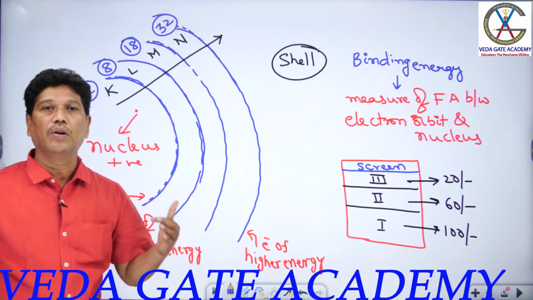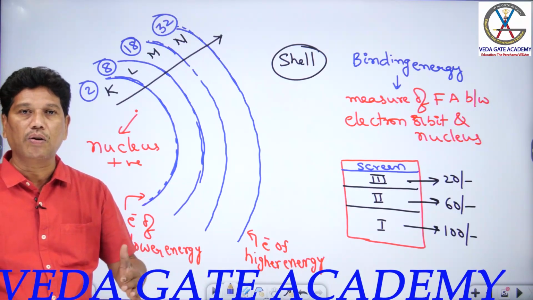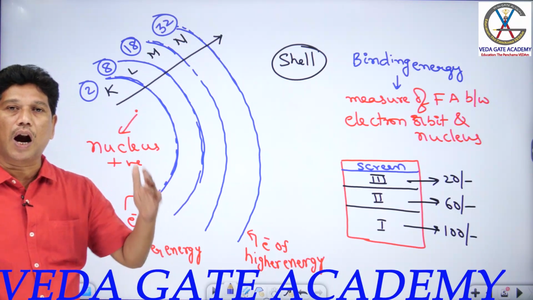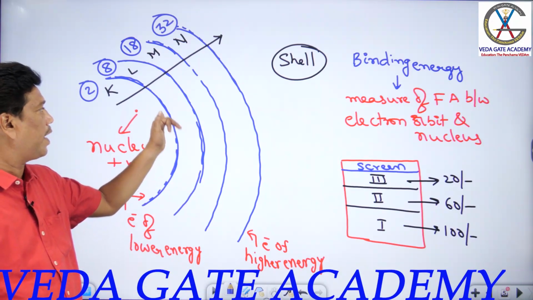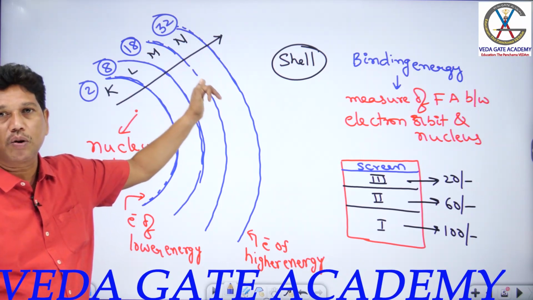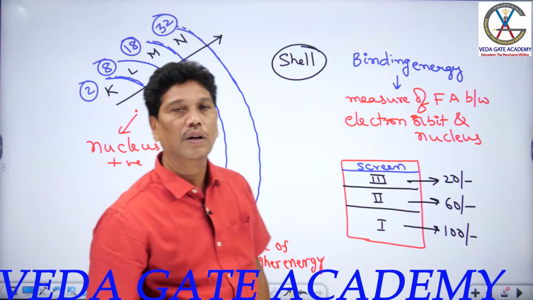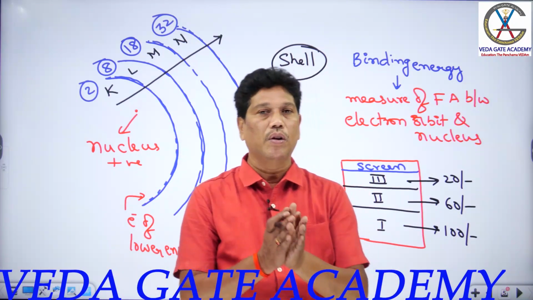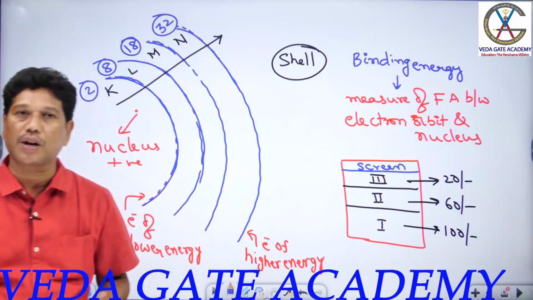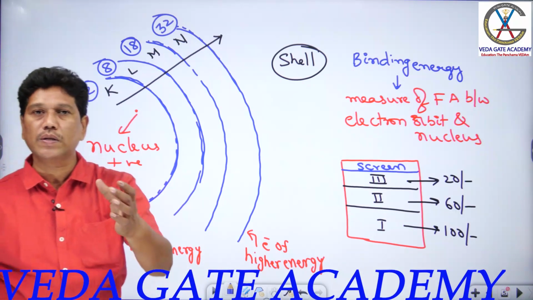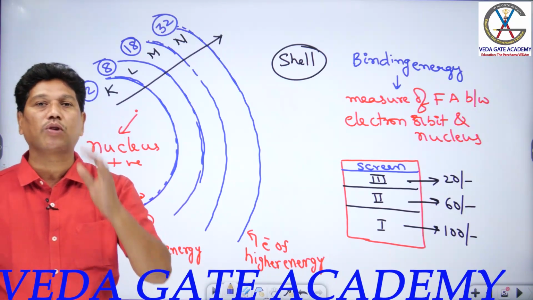So how is electron occupancy considered? Remember, occupancy of electrons in an atom must always start from the K cell. Once the K cell is complete, only then can you go to L, then M, then N. This is the way of occupancy of electrons. And one more thing, students: for a given atom, any cell may be considered the outermost.